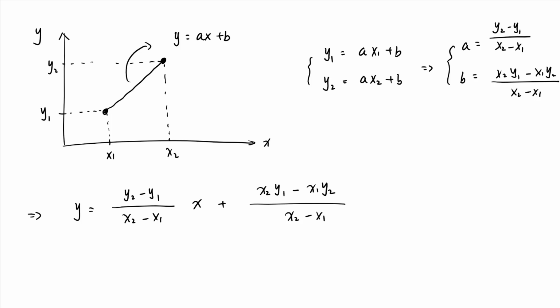And now, if you ever need to look for the value of y3 at any given x3, for example, x3 is right here, you can just simply plug in x3 into this equation, and then you will be easily able to find the corresponding value of y3. That's the method of linear interpolation.